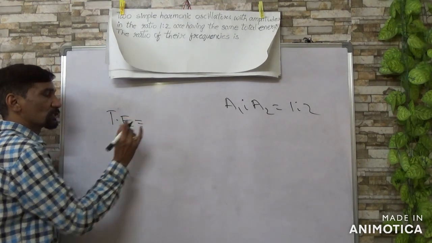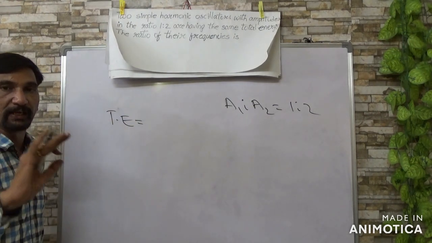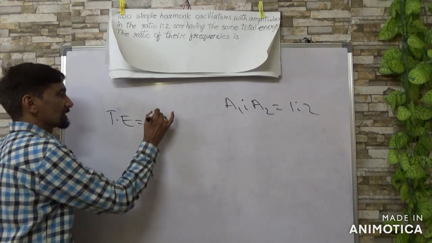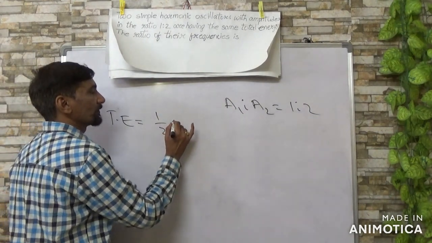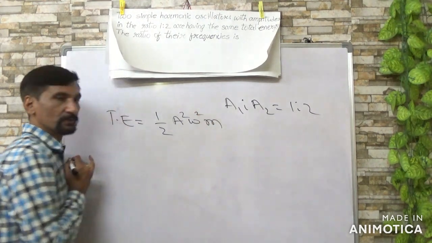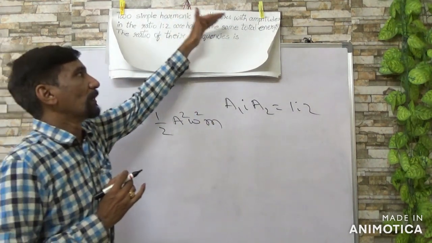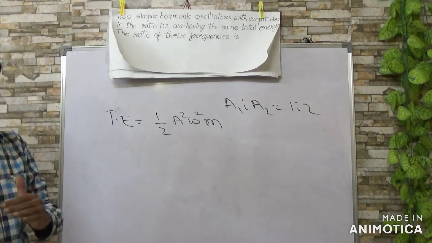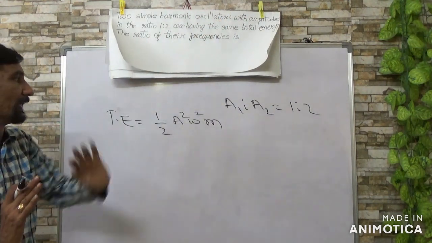The total energy of a particle executing SHM is given by half a square omega square m. Here the two particles have equal masses and equal energies.